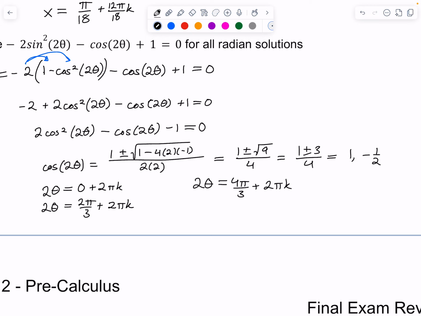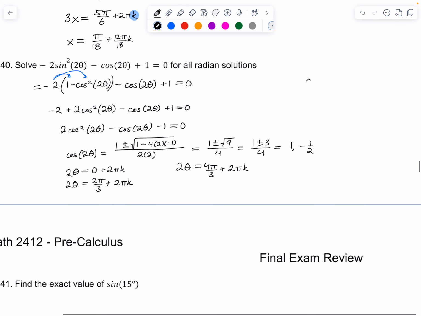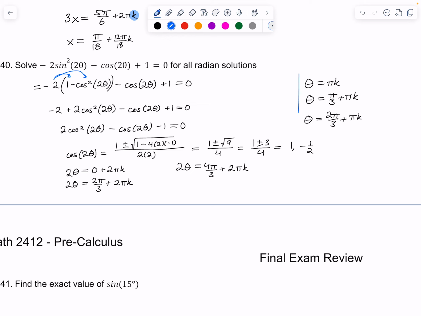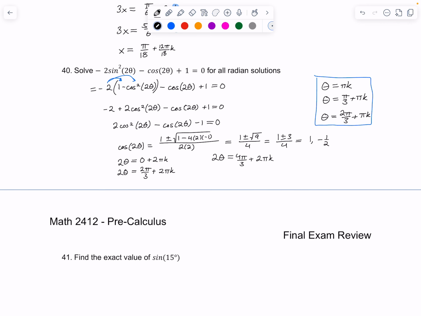The last thing I need to do is divide everything by 2, and I get theta is pi k. Theta could be pi over 3 plus pi k, or theta could be 2 pi over 3 plus pi k. And that's what I get when I divide all of my answers by 2.